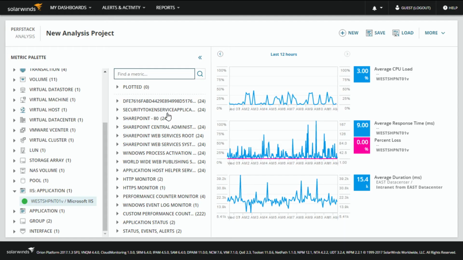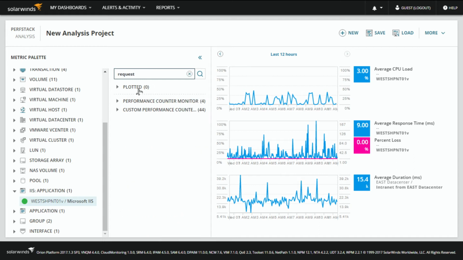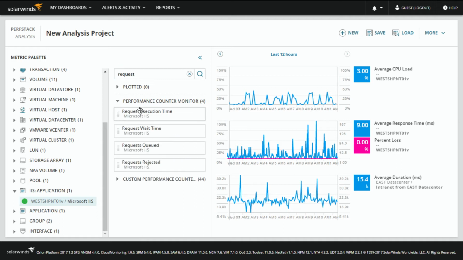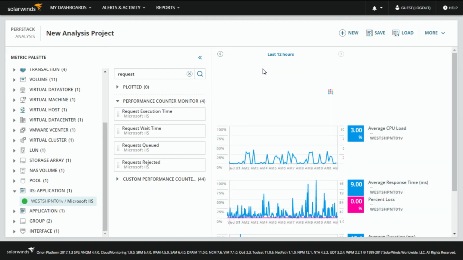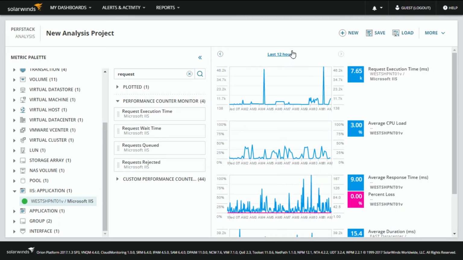All right, since there's a whole bunch of metrics here that we can dig through, we're going to search for one that we know might be an actual problem: request execution time. What we knew from our expert knowledge, if we weren't familiar with this metric, is that any uncharacteristic spike here means there's a problem with the response of the web page to requests coming from the end user.